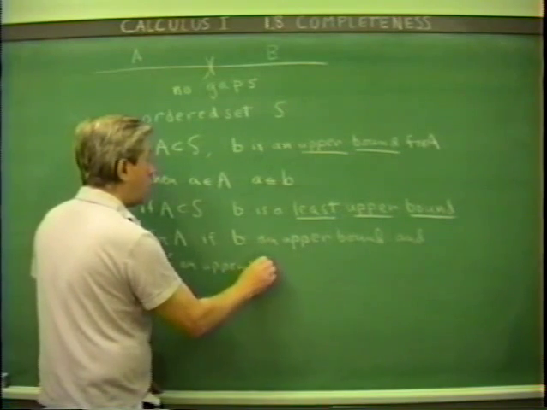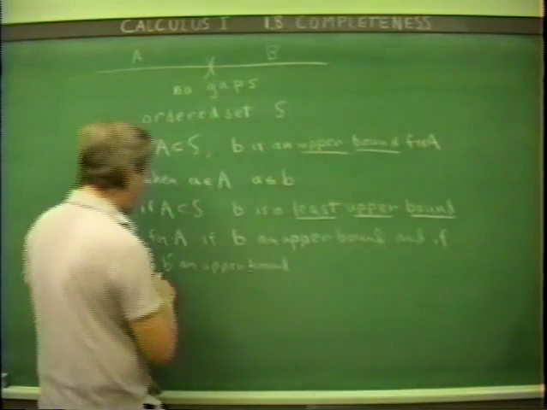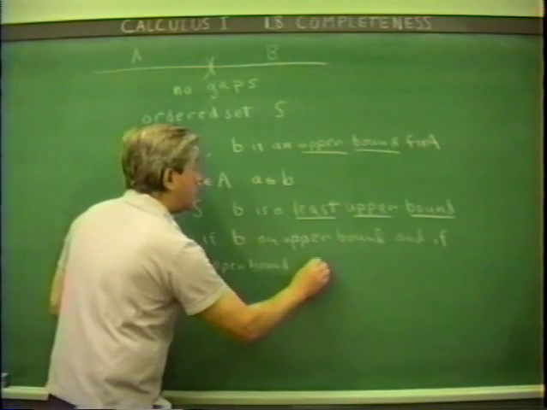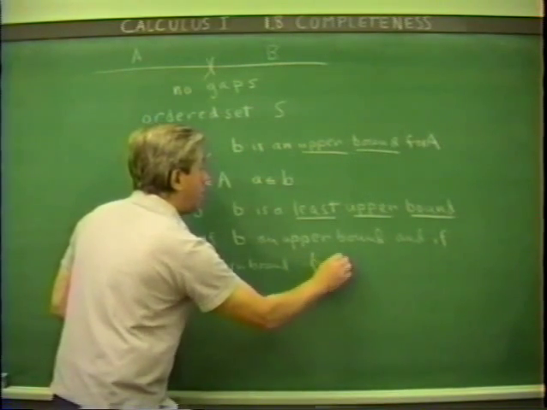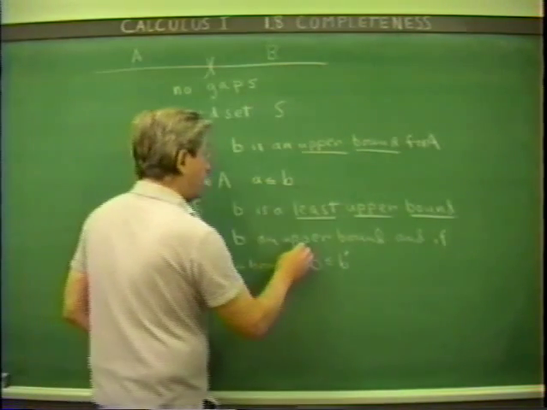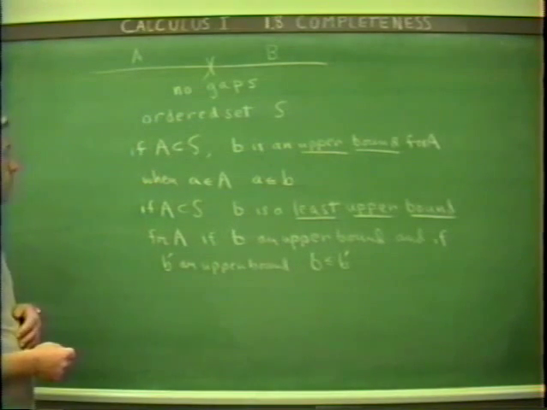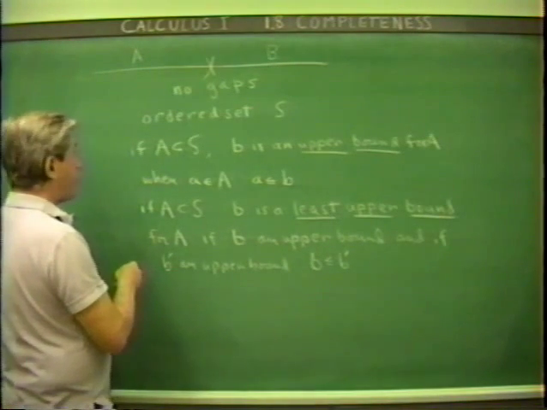If B prime is an upper bound, then B is less than or equal to B prime. That's what's meant by a least upper bound.